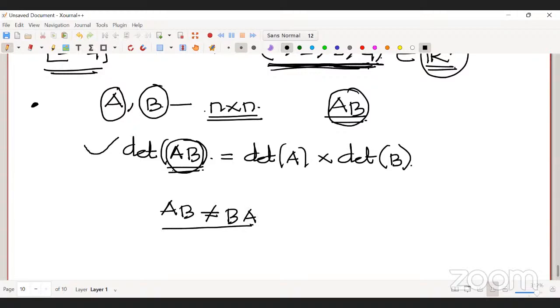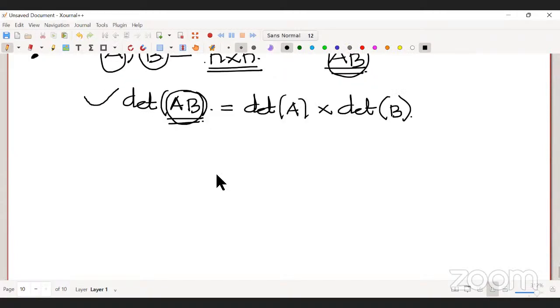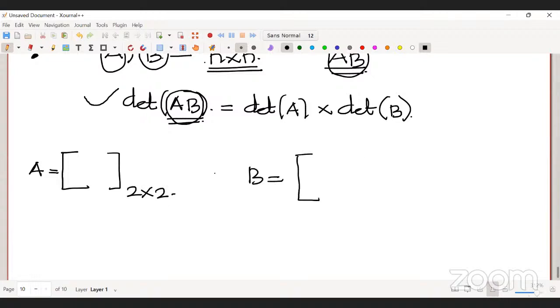Okay, so basically what he is saying is, suppose I take a matrix A which is a 2 cross 2 matrix, right? And B is a 3 cross 3 matrix, right?